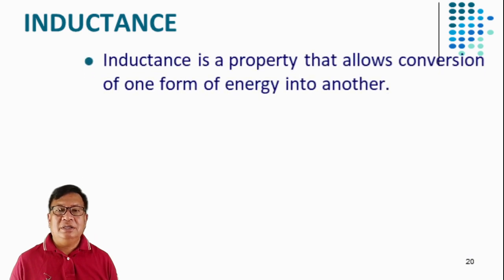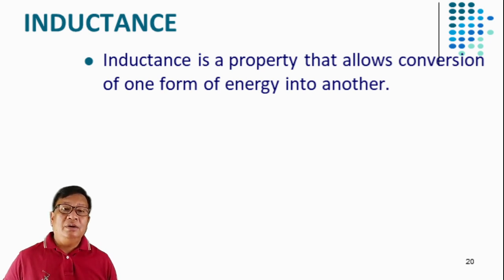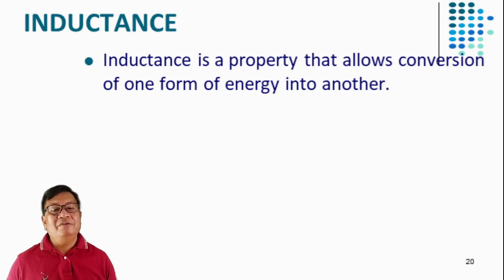So, let's discuss inductance to be more specific. Okay, this inductance is a property of the inductor or conductor that allows conversion of one form of energy into another form. When we say one form of energy, it could be mechanical energy converted to electrical energy.